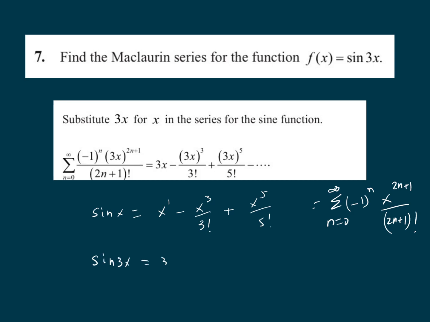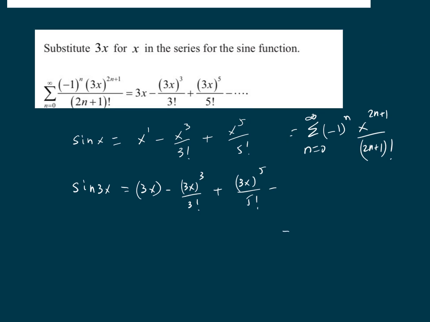Wherever I see x, I put a 3x. 3x minus 3x cubed divided by 3 factorial plus, wherever I see an x, I put 3x, to the 5 divided by 5 factorial, and so on. So it will be the summation from n equals 0 to infinity of minus 1 to the n, and wherever I see an x, I change it for 3x.